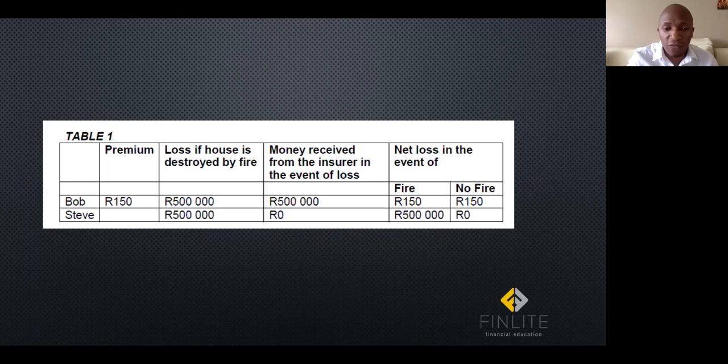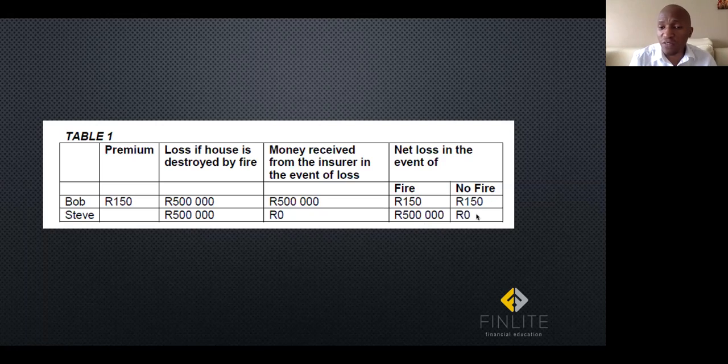Then in terms of the net loss for Steve, who doesn't have any cover for the house: the loss if the house is destroyed by fire will be 500,000. Money that will be received if the house is destroyed by fire is zero. And the net loss in the event of fire is 500,000.